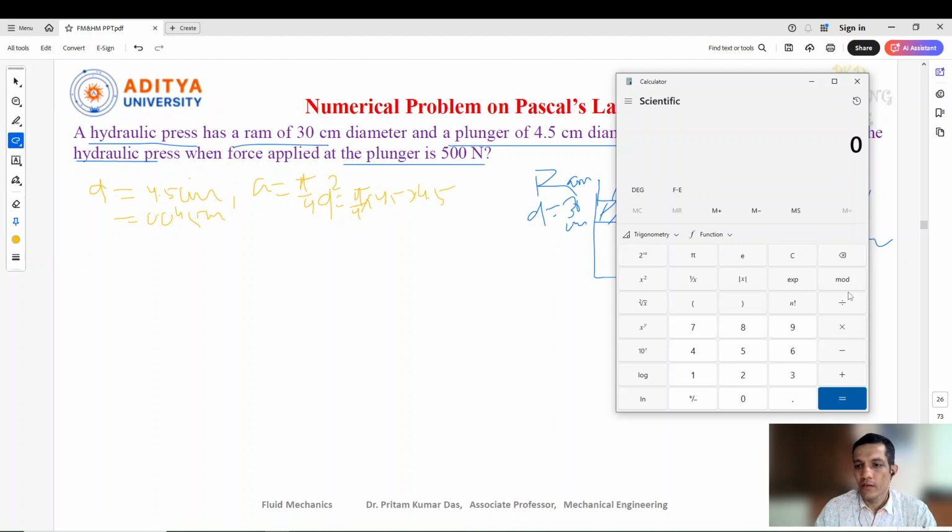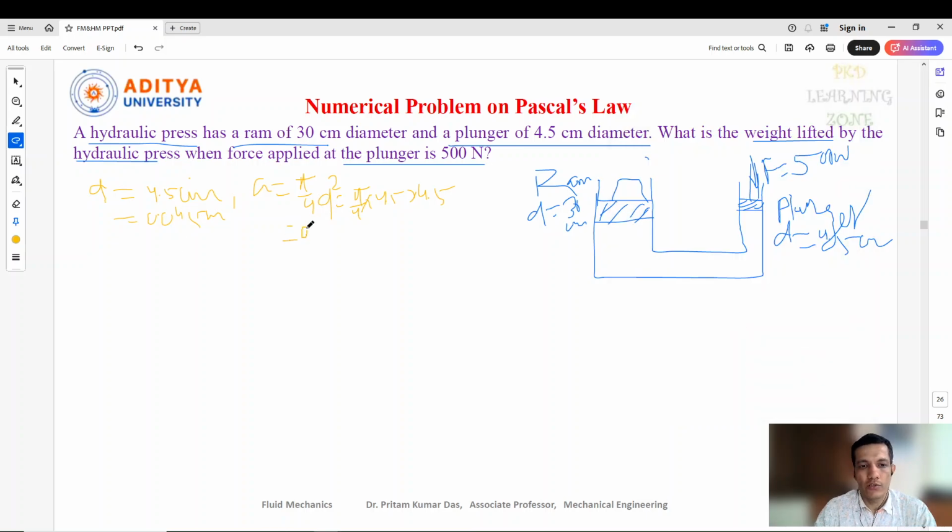So how much will be there? 3.14 into 0.045 into 0.045 divided by 4, equal to 0.00159 meter square. Okay, this is the area at the plunger side.